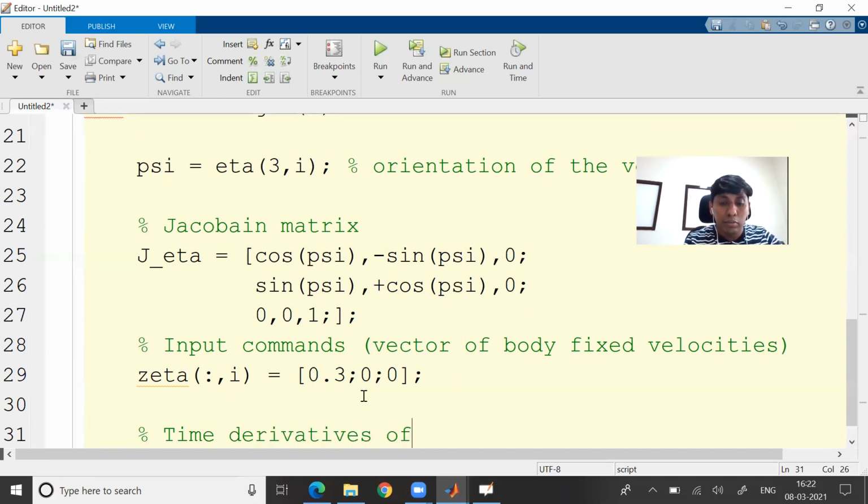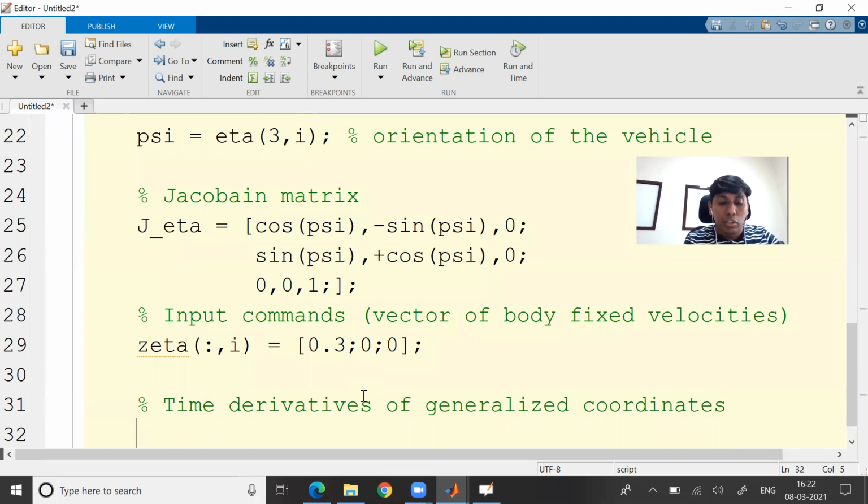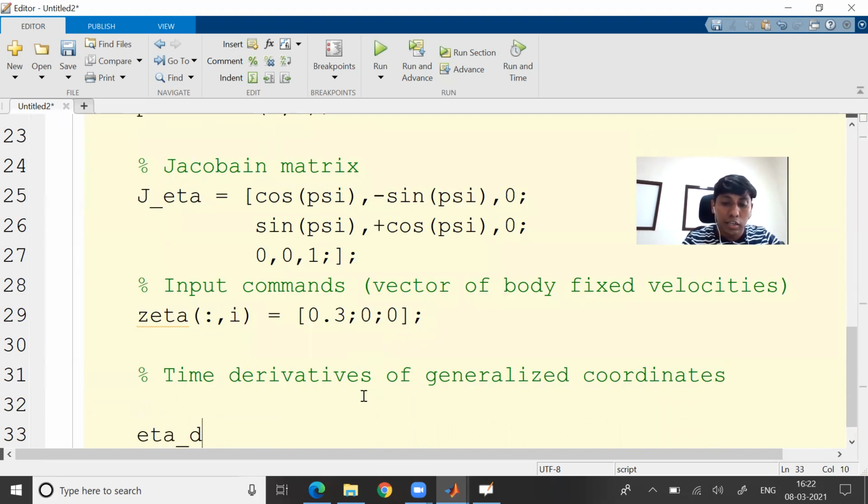So the time derivative of the generalized coordinates, eta dot of i, is actually J of eta multiplied with zeta of i.